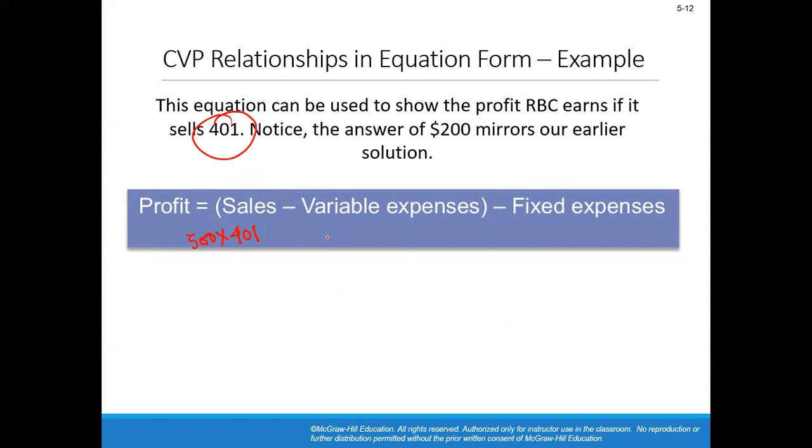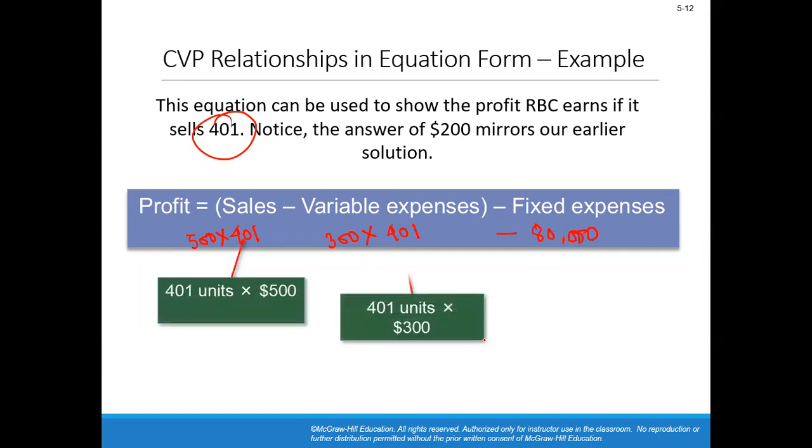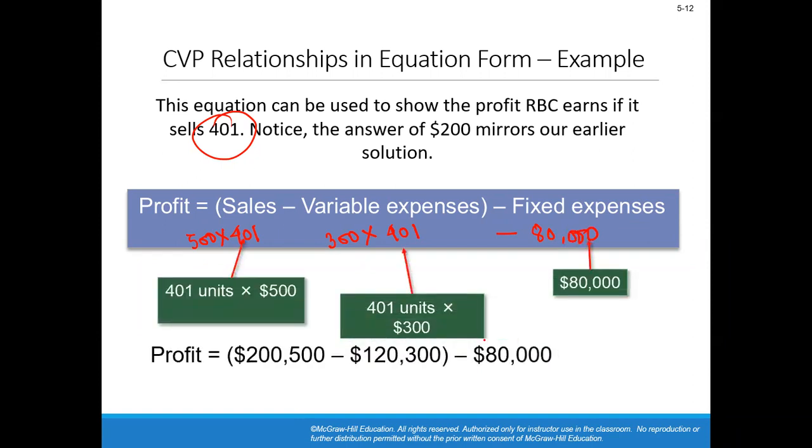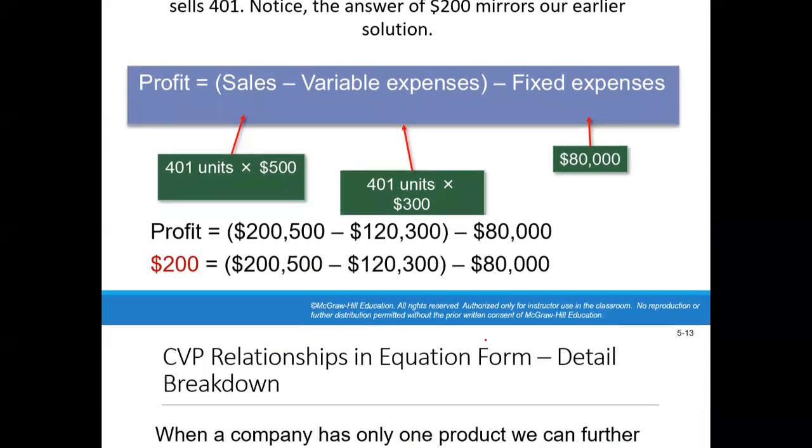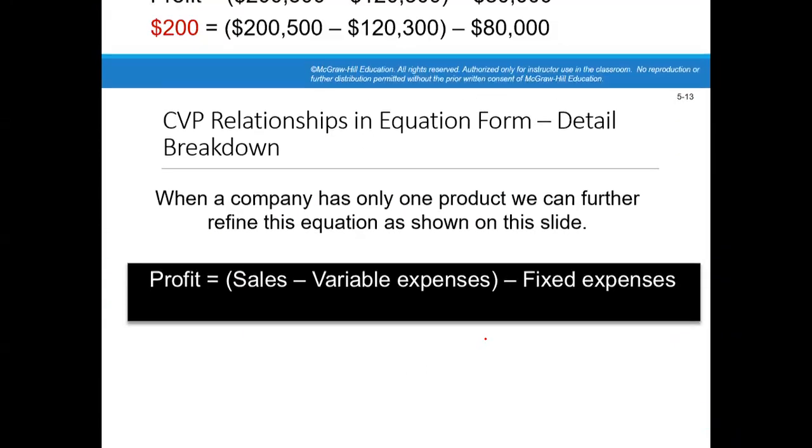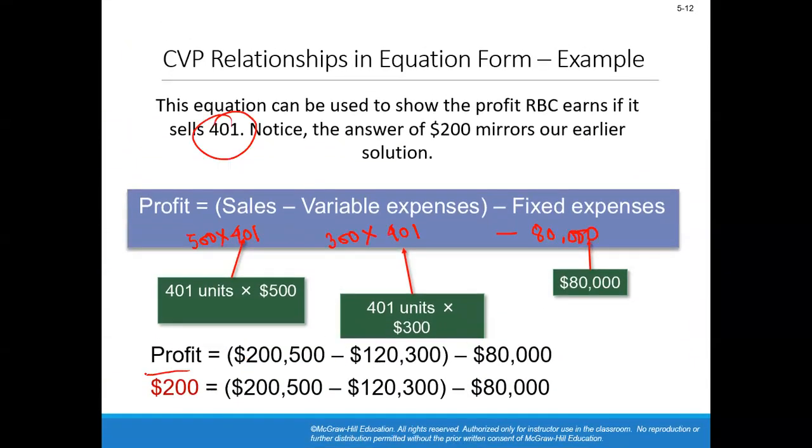So 300 variable expense per unit multiplied by 401. And what is our fixed expense? 80,000. And we will get the profit available for 401 sales. Okay, so that number is 200. So this is in equation form.